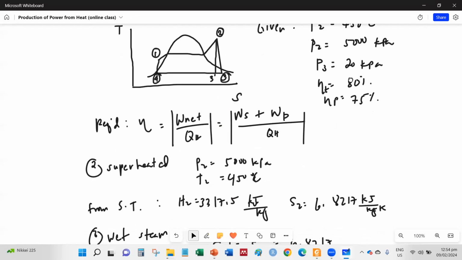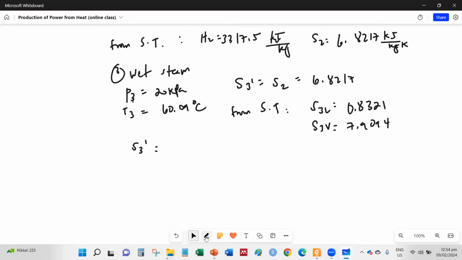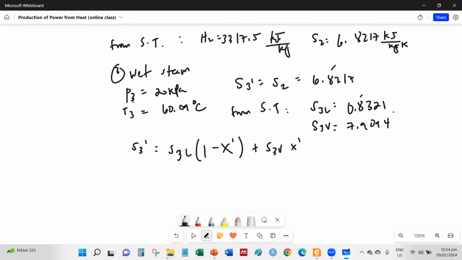Just make an equation: S3 prime equals S3L times 1 minus X prime plus S3V times X prime. Plug in everything and X prime is 0.8463.